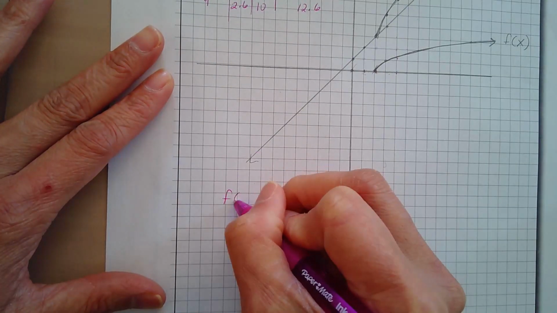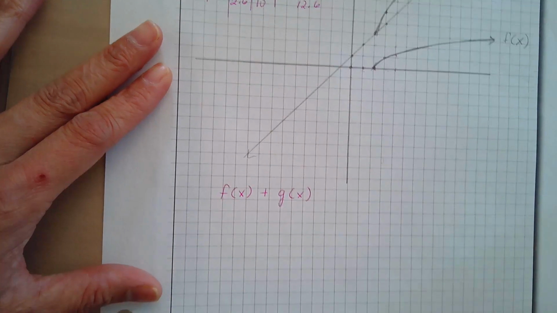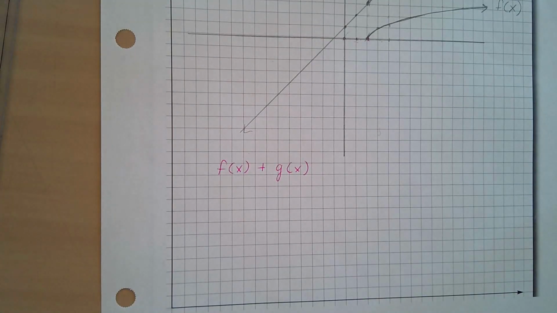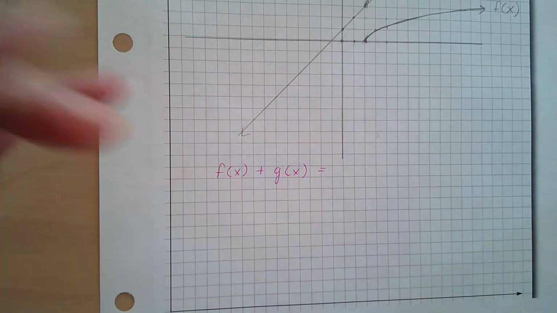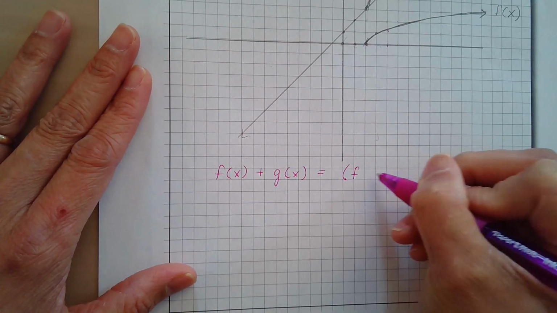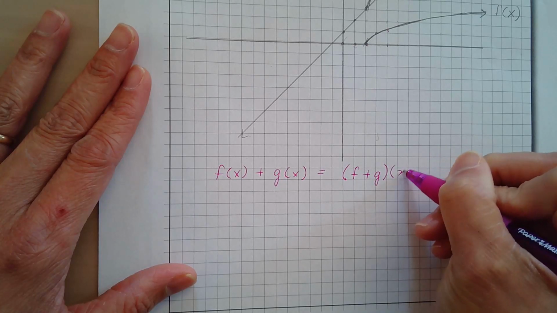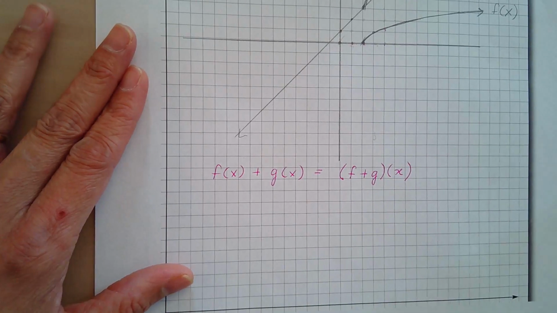So f of x plus g of x, okay, that's what m of x is, right? There's another way to write that form. We can write it as brackets f plus g, close bracket, x.